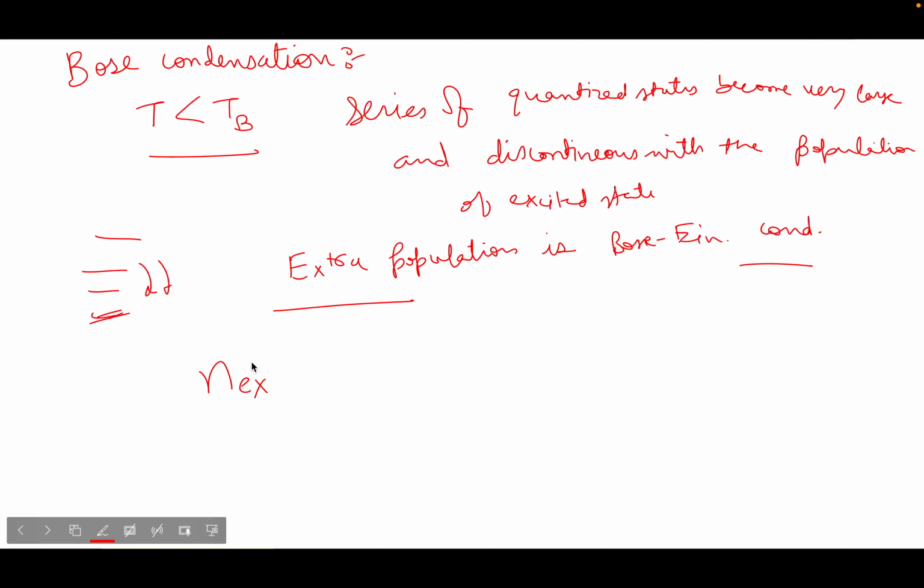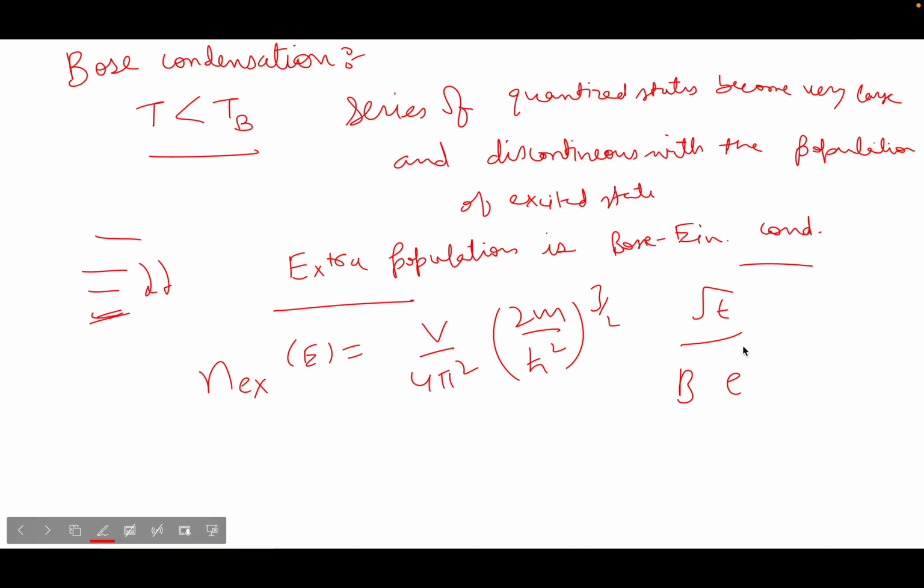And the number of particles in the excited state can be calculated by this formula: V by 4 pi square, 2m by h cut square to the power 3 by 2, and the integral of root E divided by B e to the power E by k_B T, and this B is a special function. This B is a function of temperature, and it equals either 1 or F inverse.